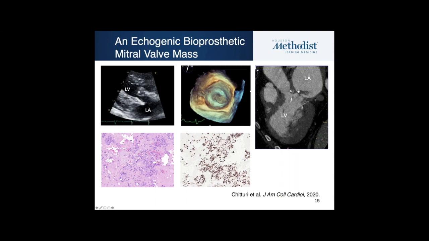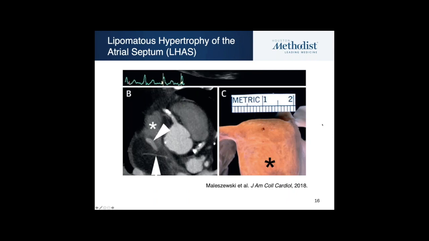So I'll go through these pretty quickly, and focus more on the more in-depth cases. Lipomatous hypertrophy of the atrial septum, as you know, is an anatomic variation that is common in the general population, with an incidence of 1 to 8%. It refers to an abnormal, large, generally greater than 1.5 centimeter collection of fat within the atrial septum.